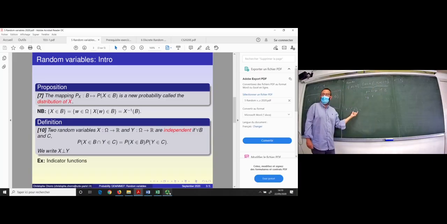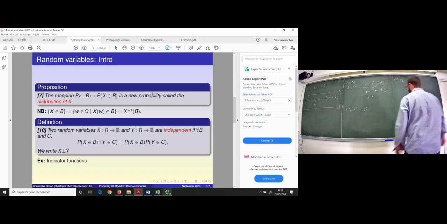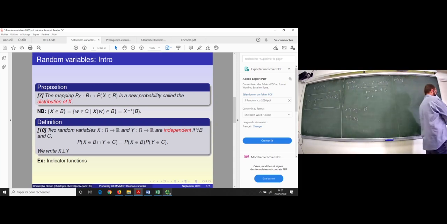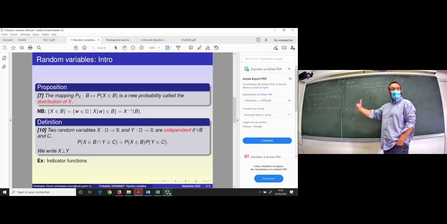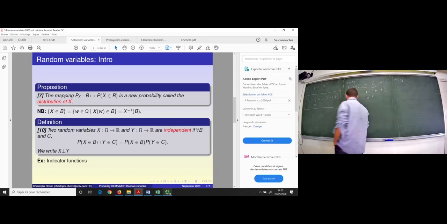It's not possible to belong to the empty set, so I have no element: the set of W belonging to omega such that X of W belongs to the empty set is empty. So the pre-image of the empty set is equal to the empty set. What is the pre-image of all real numbers? It's the set of W belonging to omega such that X of W belongs to R. What is this set? All of omega. All of them have an image that belongs to the real numbers, because X is a mapping from omega into R.